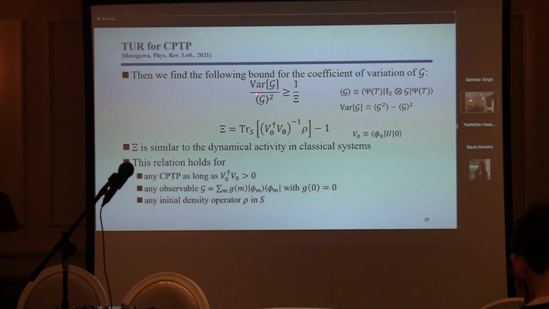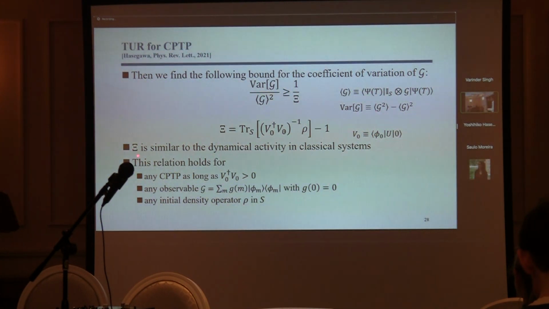So this is a representation of the TUR. Here, this part is the variance, and this is the mean, and Xi is represented by this representation. Here, V0 is a Kraus operator corresponding to the zeroth eigenvector.